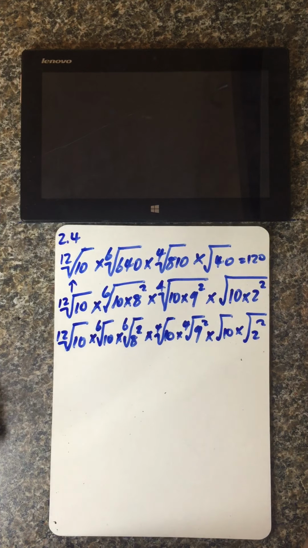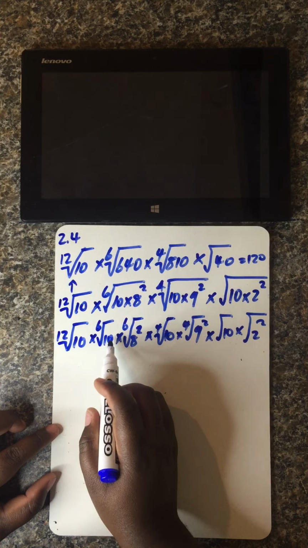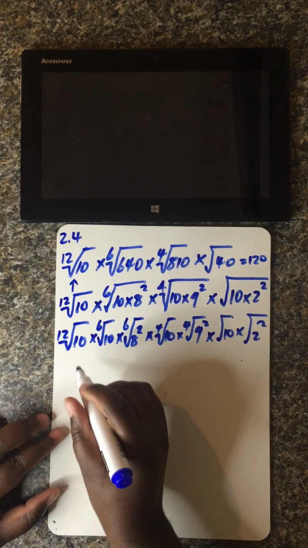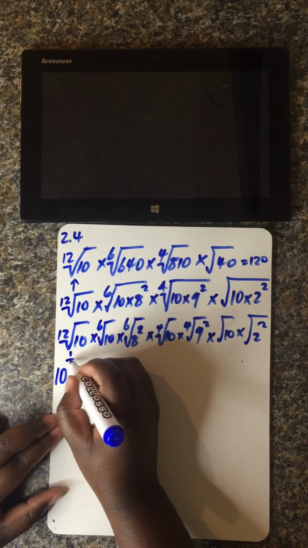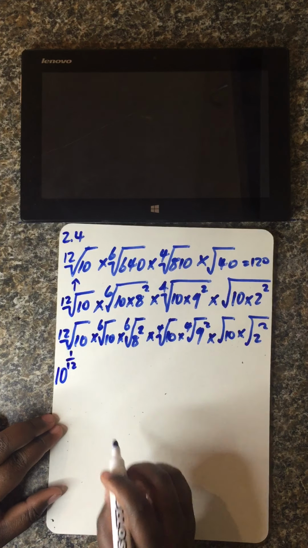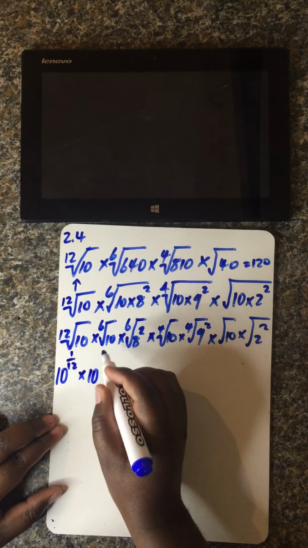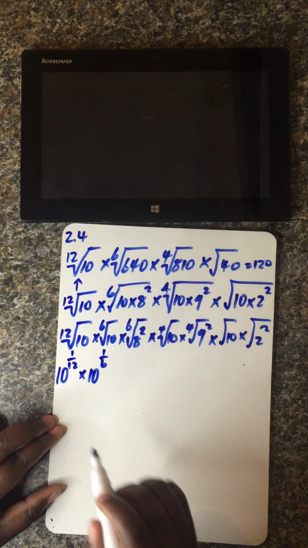So now, guys, let's do something. What is that something? Can you see? We've got that square root of 10, we've got that square root of 10. So let's write everything in exponential form. That means this is the same as 10 to the exponent 1 over 12, multiplied by 10 to the exponent 1 over 6, which is that 6.